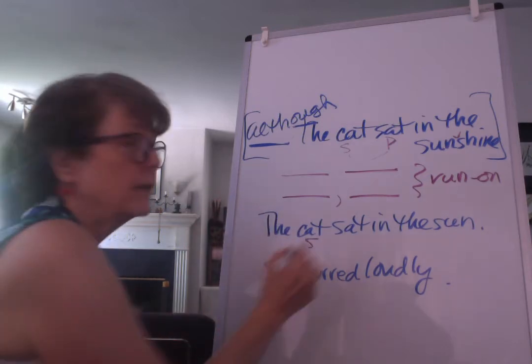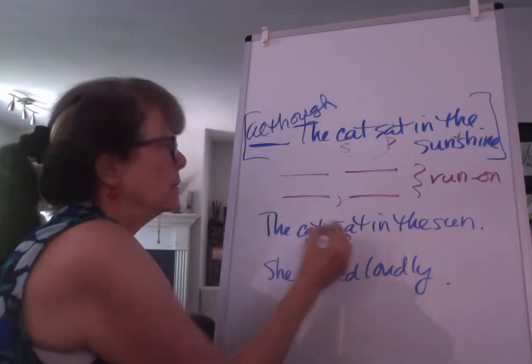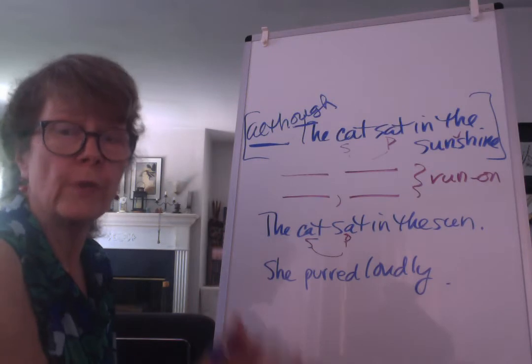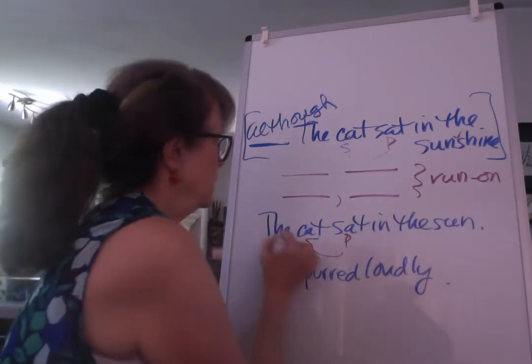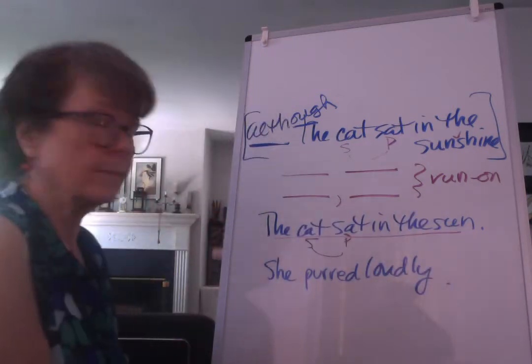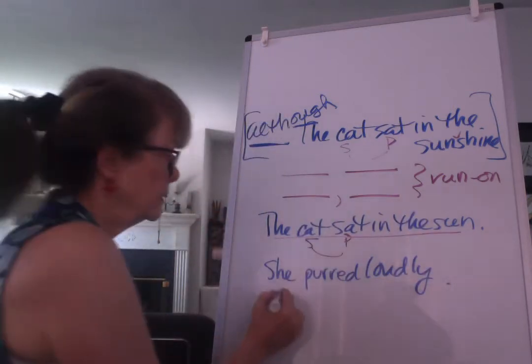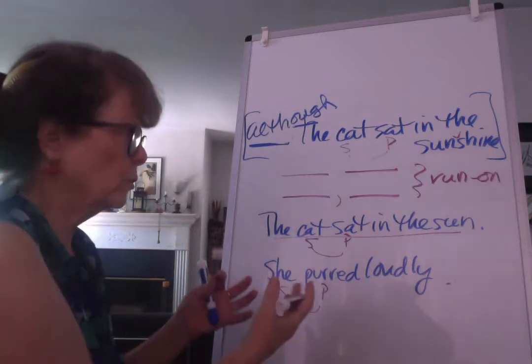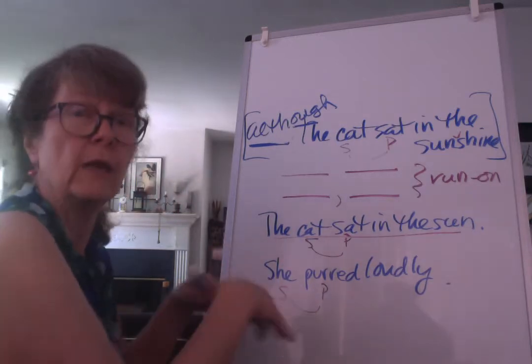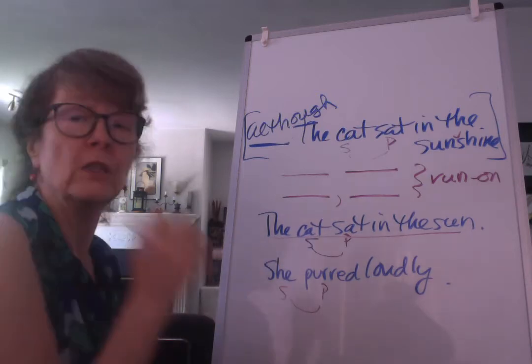Cat is a subject, sat is a predicate. It's a group of words with a subject and a predicate that expresses a complete idea. The cat sat in the sun. She purred. She is the subject. Purred is the predicate. It's a group of words with a subject and predicate that expresses a finished idea.